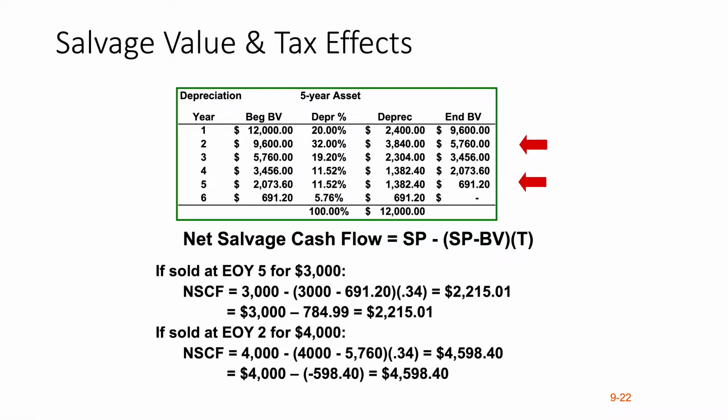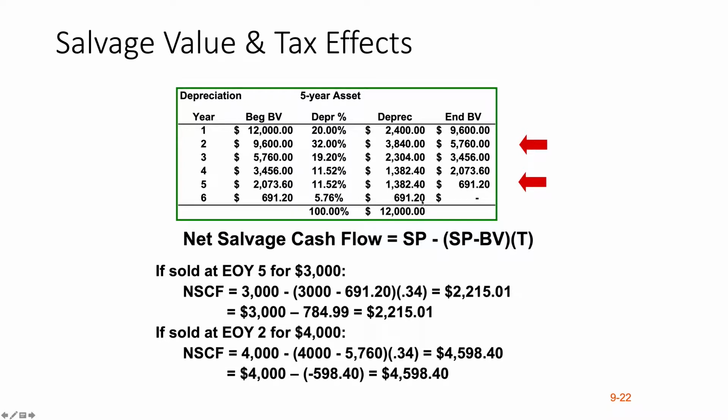Whatever the remaining value is in the market, let's assume it can be sold for $3,000. The selling price is $3,000 minus the book value. On the book value, you still have $691.22.